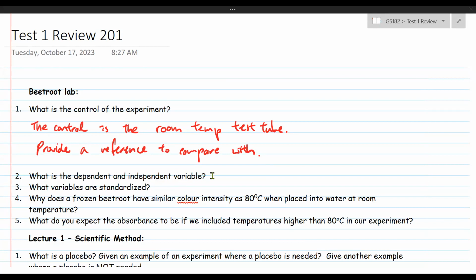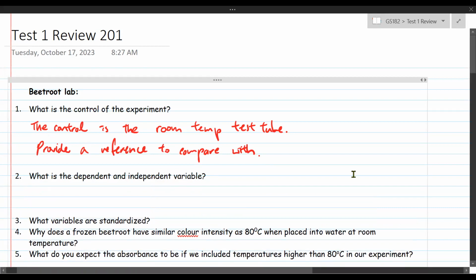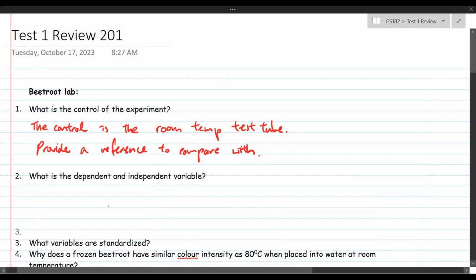Next one. What is the dependent and independent variable? The dependent variable is going to be the color intensity, or you can say absorbance.